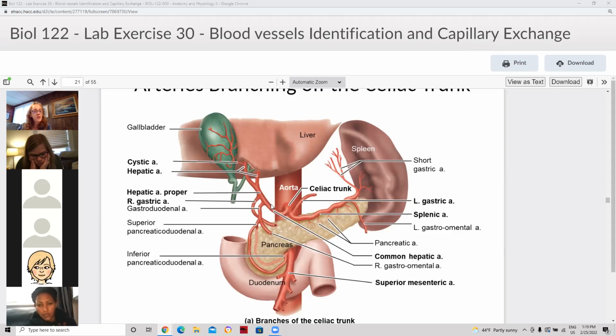However, depending on who you talk to, they say it differently. Your manual calls it what I typed in there, the proper hepatic artery. Cystic artery going towards the gallbladder. Hepatic artery going towards the liver.